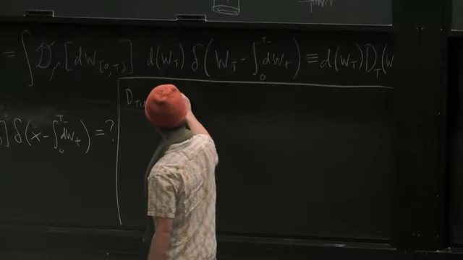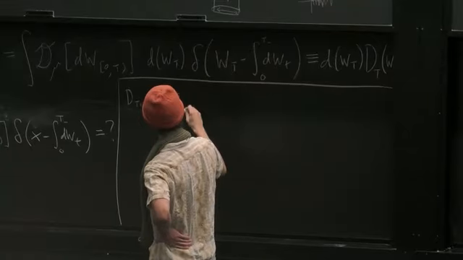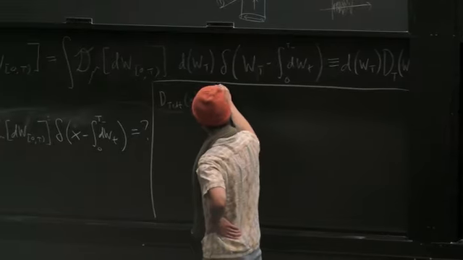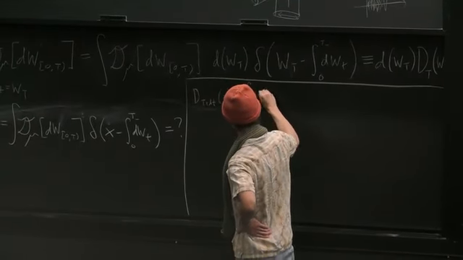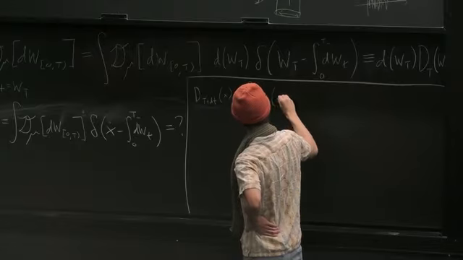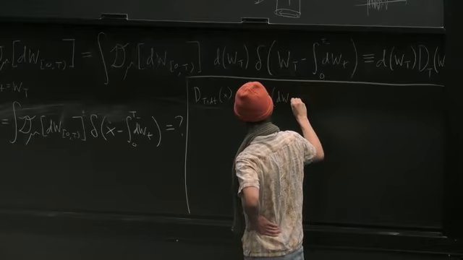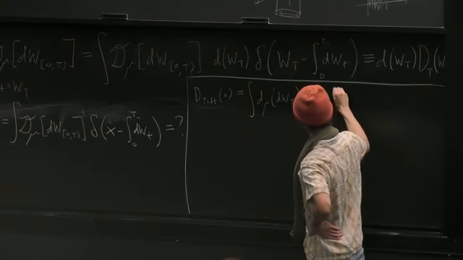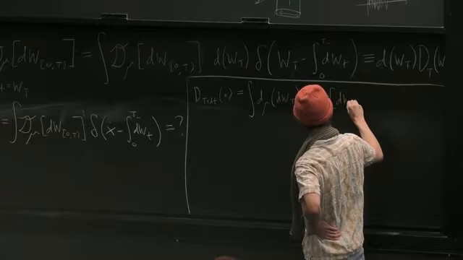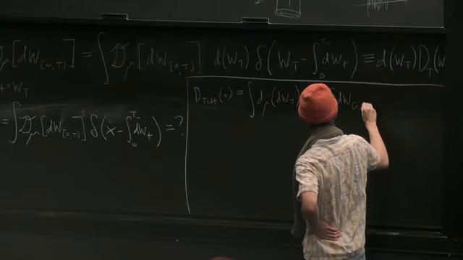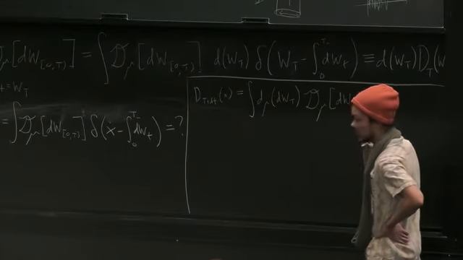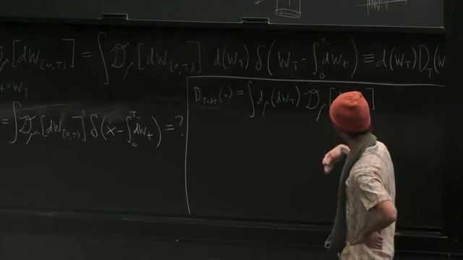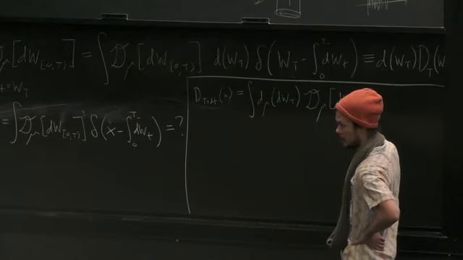Okay, so this guy, well, the first thing I'm going to do, of course, I can just replace all these with t plus dt's. But then I'm going to write the Wiener measure as the measure for dWt times the rest of the Wiener measure. Does everybody see what I did there? So this is, in fact, just the Wiener measure for all paths up to t plus dt.